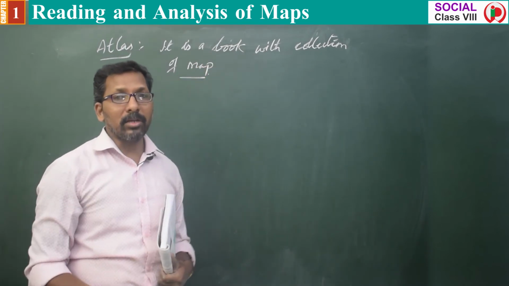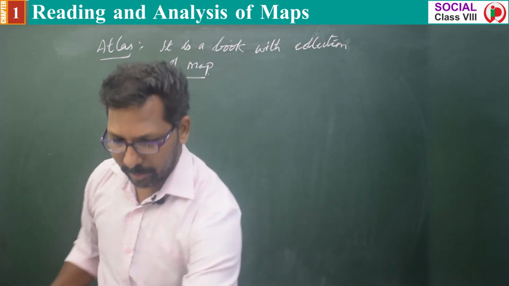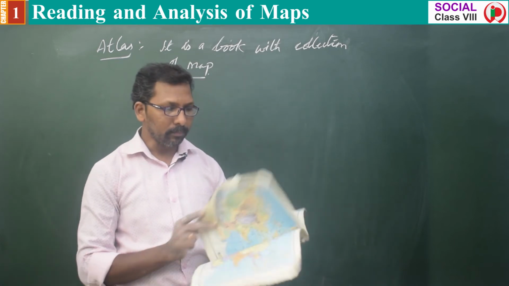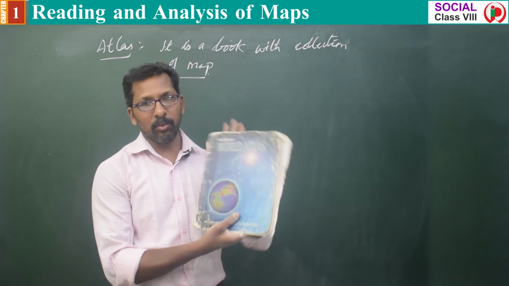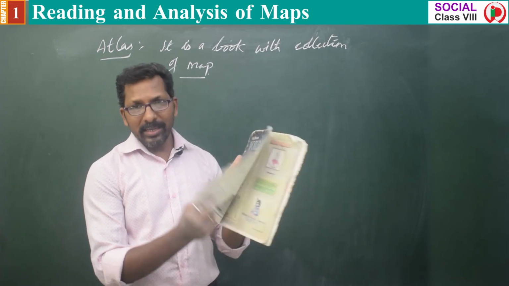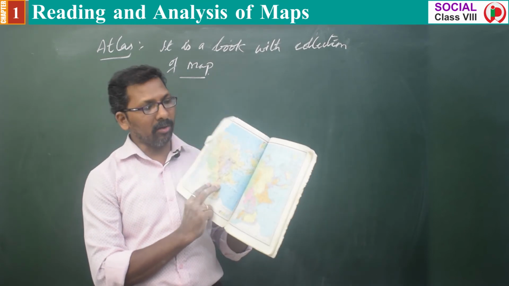There are many maps present in the atlas book. Let us see here. This is an atlas book. I have the old atlas book, a world atlas book. So this is a collection of maps. Atlas is a book of collection of maps.